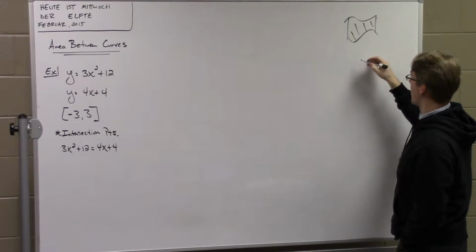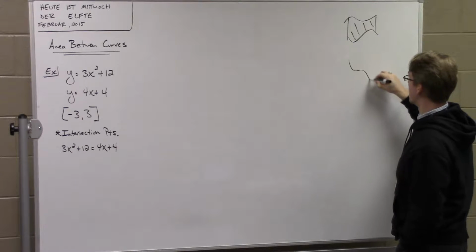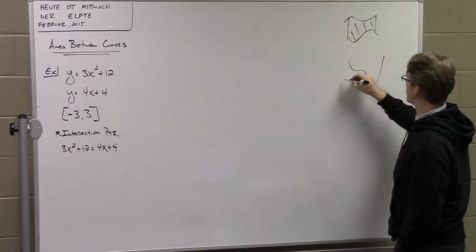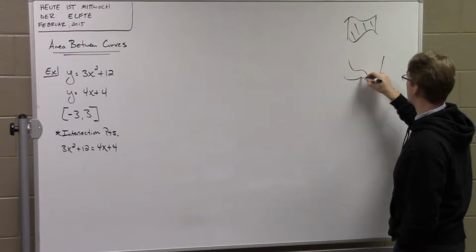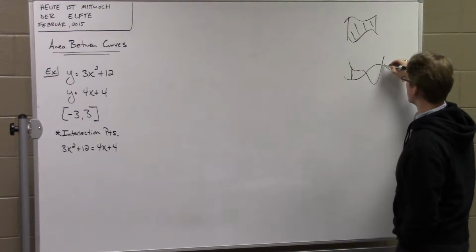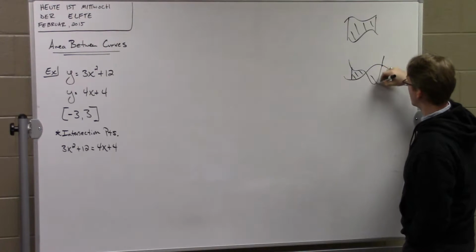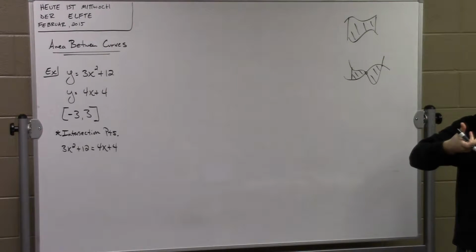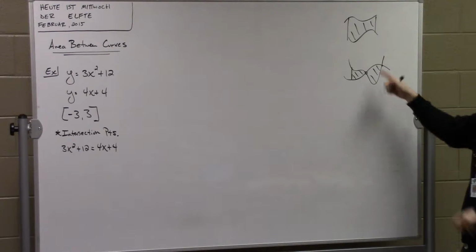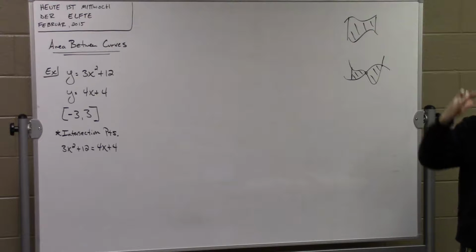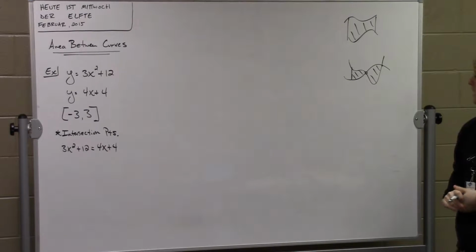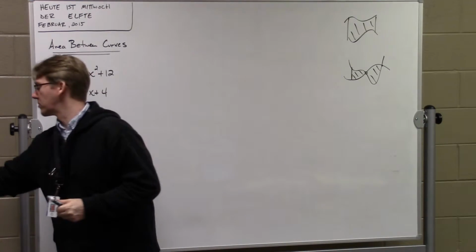We could also have something like this, where part of the time one function is on top and part of the time another function is on top, in which case we would need to know where they met so that we could flip-flop them. And this could happen any number of times, so they could trade places a lot of times. We just have to know where they hit so that we can put the appropriate function on top and on bottom. And let me erase my crude sketches here.